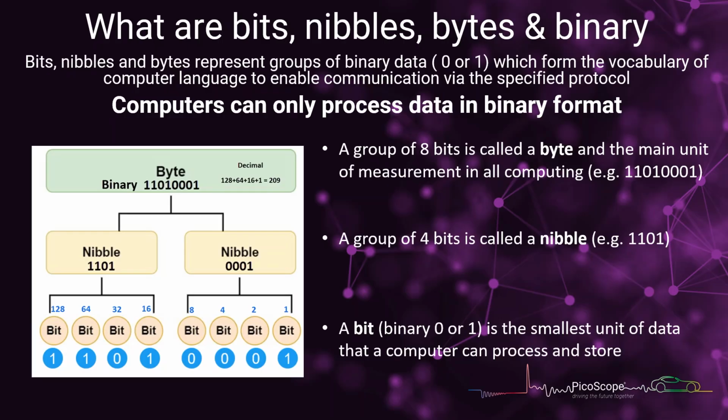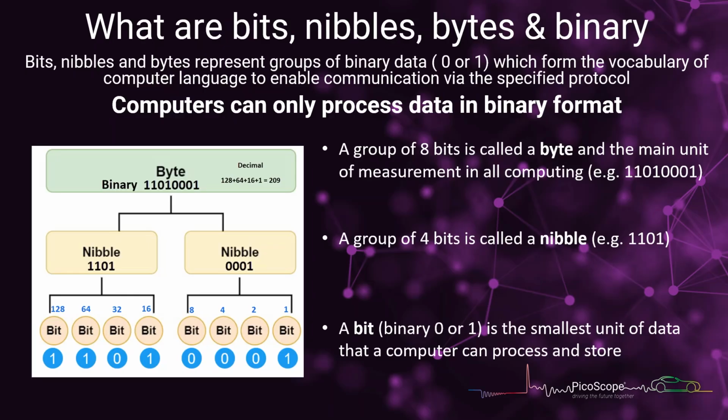Bits, nibbles and bytes represent groups of binary data. Just think 0 or 1, which form the vocabulary of computer language to enable communication via the specified protocol. Again, it amazes me what we can do with a 0 and a 1, and how we shift the orders. Remember this: computers can only process data in binary format.